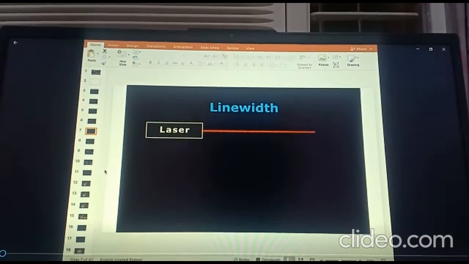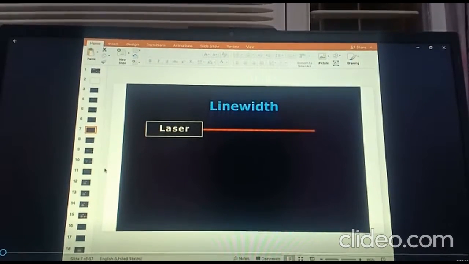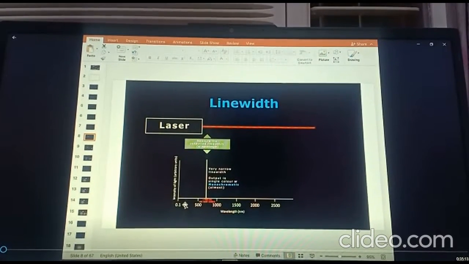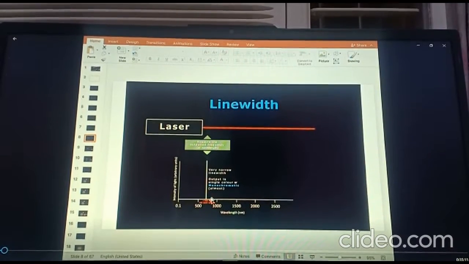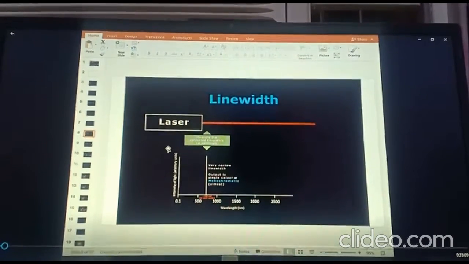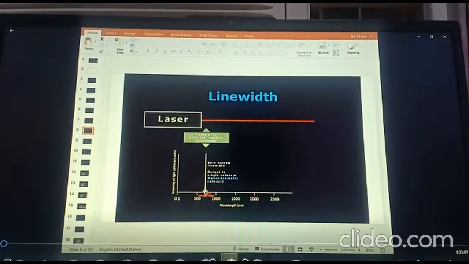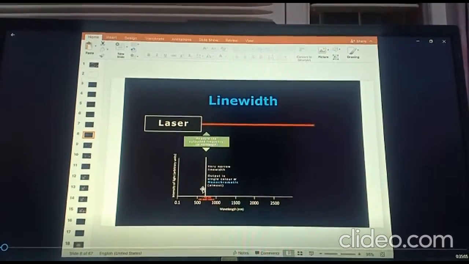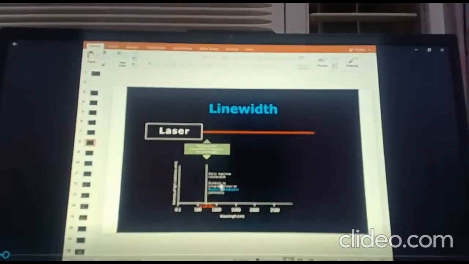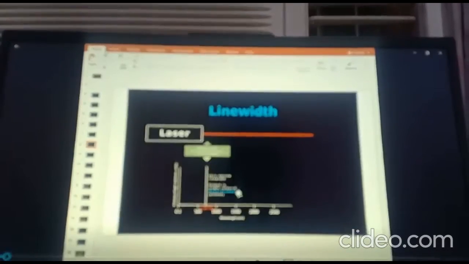If we take the x-axis as wavelength and the y-axis as intensity, then this narrow line is the wavelength of the laser. It can be anywhere, based on which material we are using.